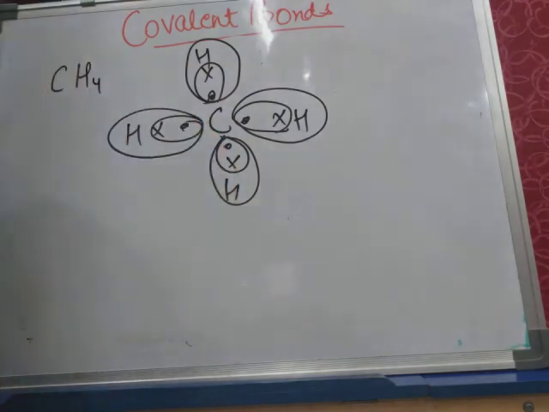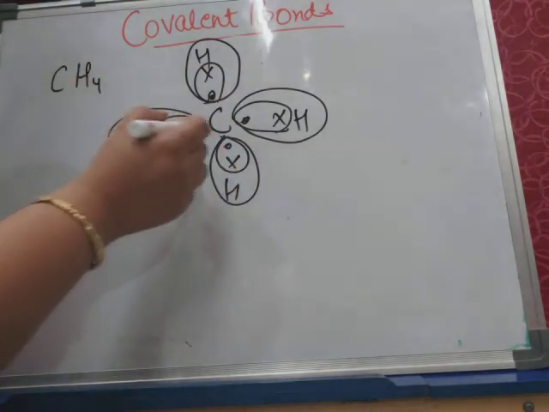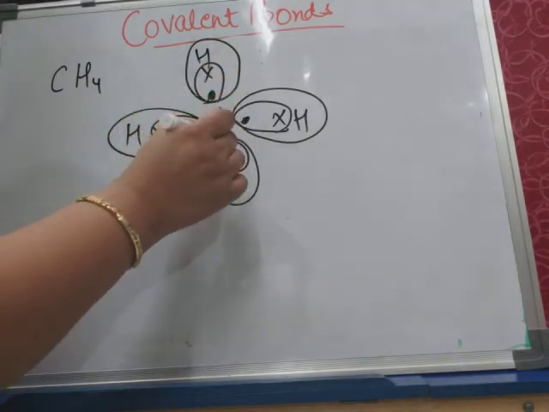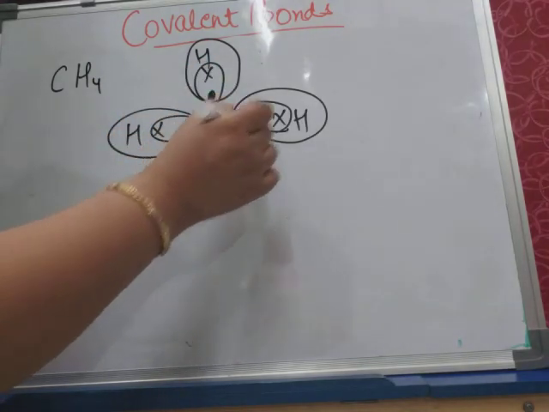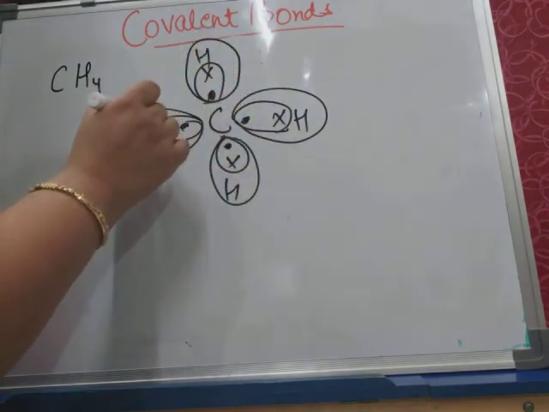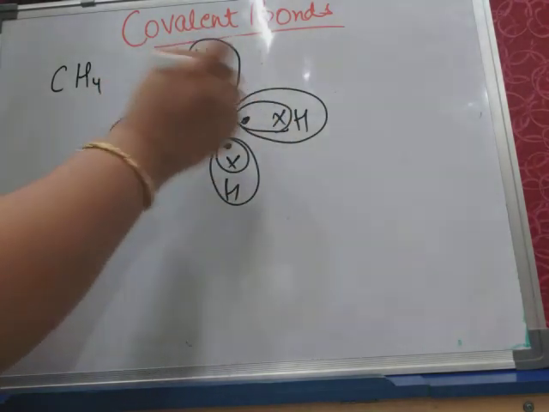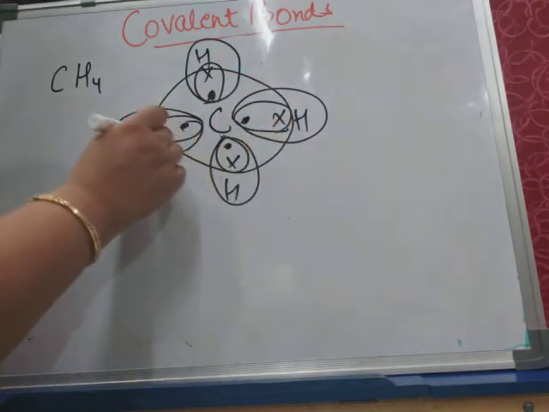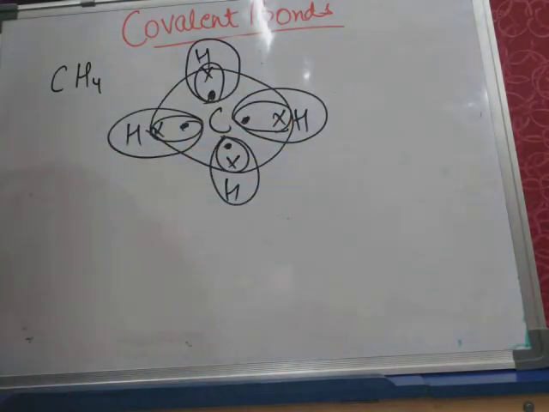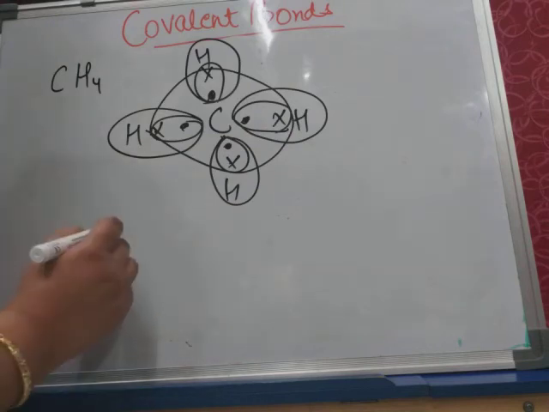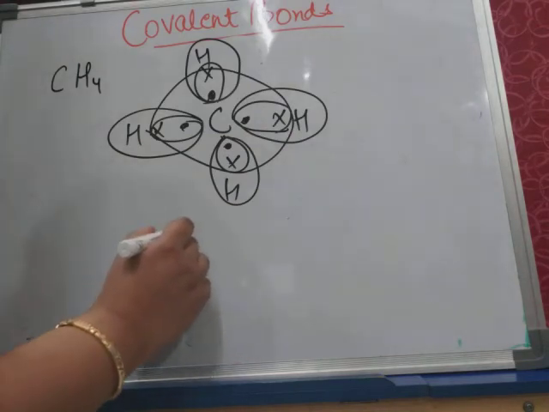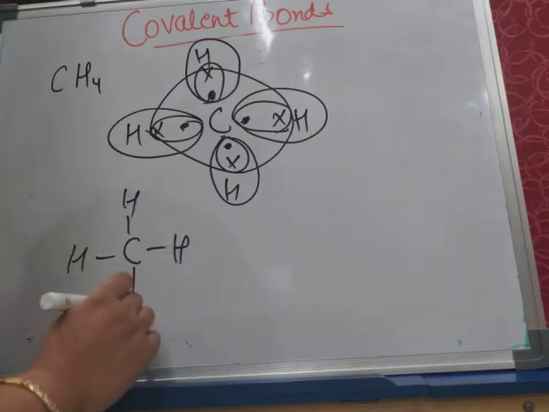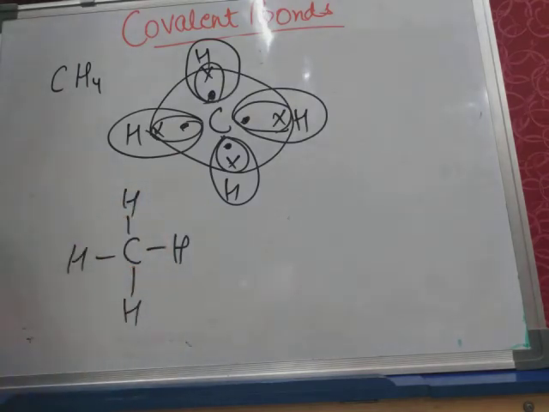Now it's the turn of the carbon atom which is present at the center. It is already having its 4 valence electrons. Now 1, 2, 3 and 4. 4 plus 4, it will become what? 8, and then this carbon will also attain stability. And the bond formed between carbon and hydrogen atoms will be like this, methane.